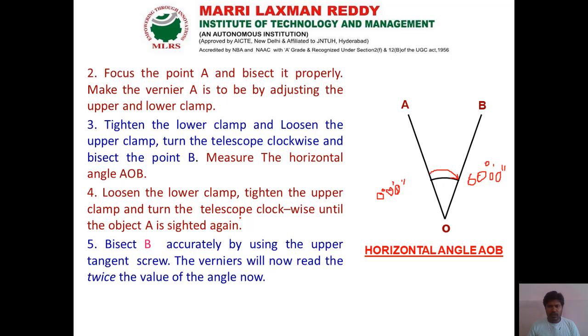Now, I already said the upper clamp screw has been tightened well. Now we have to release our lower clamp screw, so that we can rotate the instrument in the horizontal plane without changing the vernier scale readings. After rotating the instrument we have to bisect the point A. At that time the angle is 60 degree here.